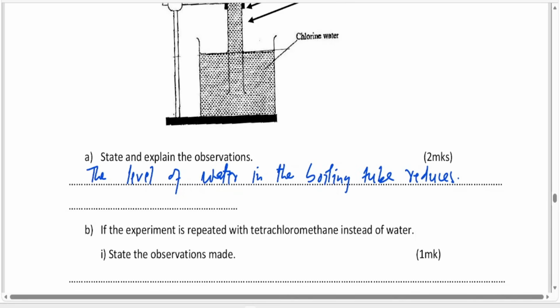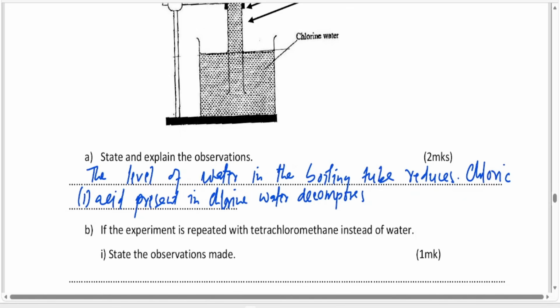Then we can explain and say, chloric 1 acid present in chlorine water decomposes in sunlight producing oxygen, which displaces the water in the boiling tube.